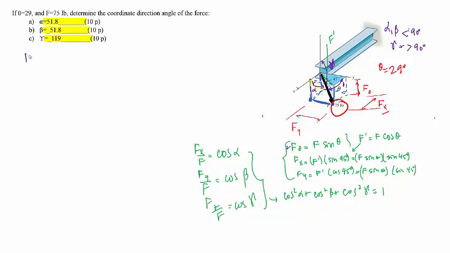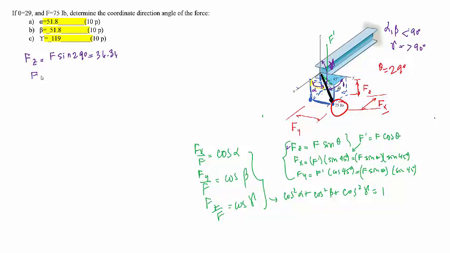So Fz is going to be equal to F sine of 29, and this is going to be 36.36.